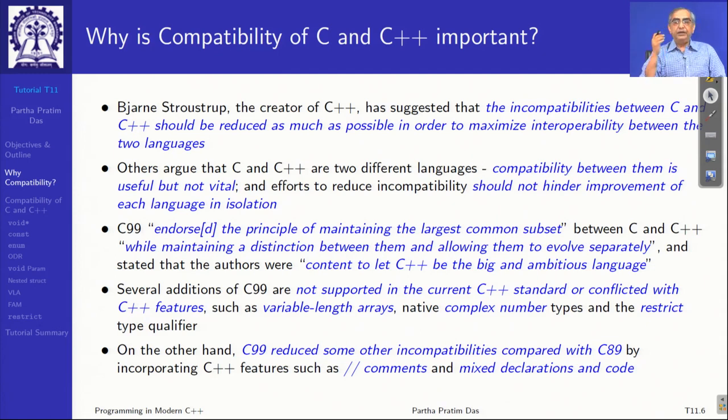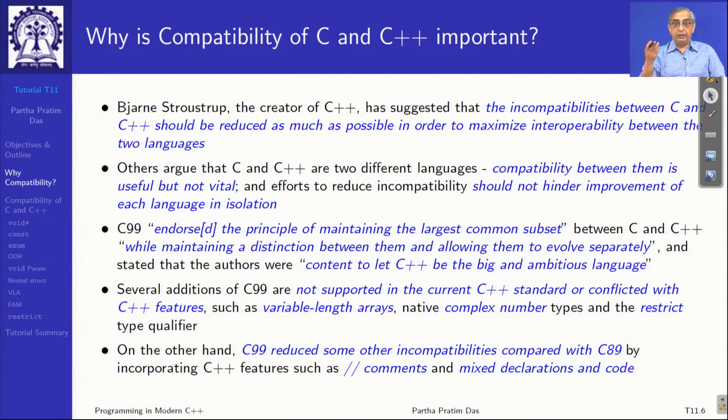It has always been a vision that C++ should be as compatible with C as possible. Even Professor Bjarne Stroustrup, the creator, suggests that the incompatibilities between C and C++ should be reduced as much as possible in order to maximize interoperability between the two languages, but still there are differences.